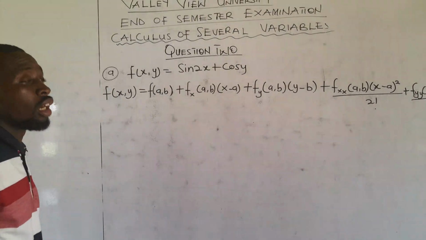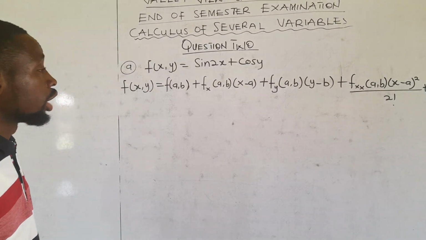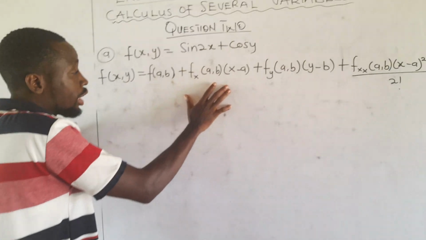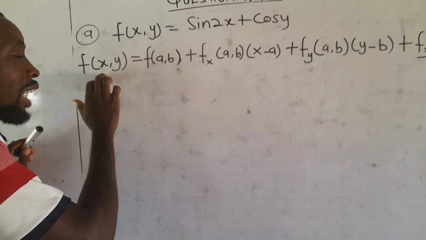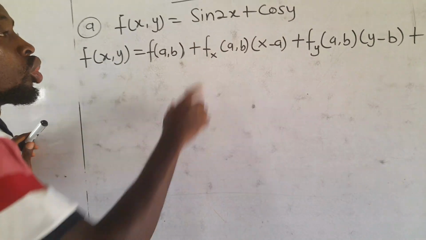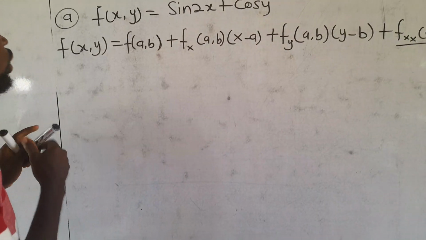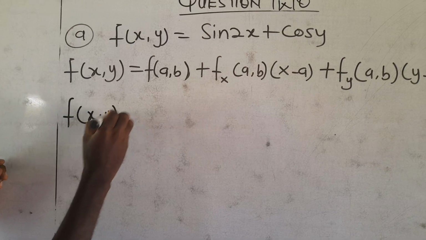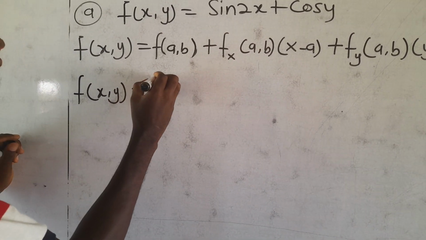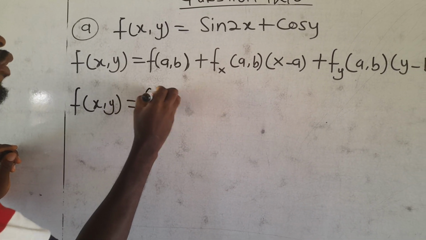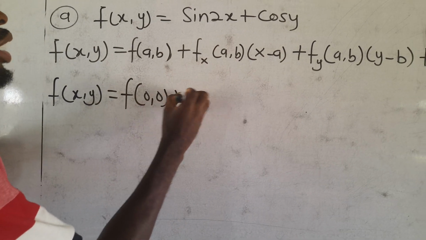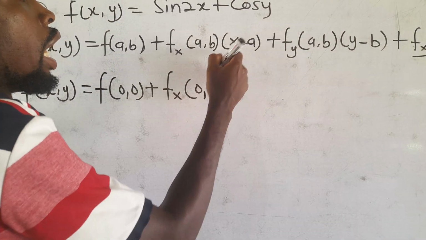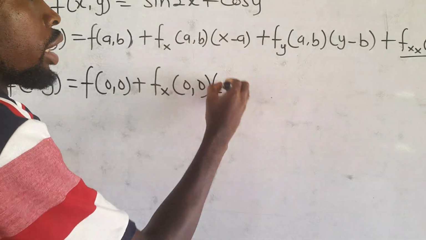How this formula comes about is all on YouTube, so check out my videos on that. Since this is Taylor series expansion for a function of the variables x, y centered at (a, b), and our function is centered at (0, 0), then the Taylor series expansion will be f of x, y equals f of (0, 0) plus the partial derivative of the function with respect to x at (0, 0), and x minus 0 will be x.